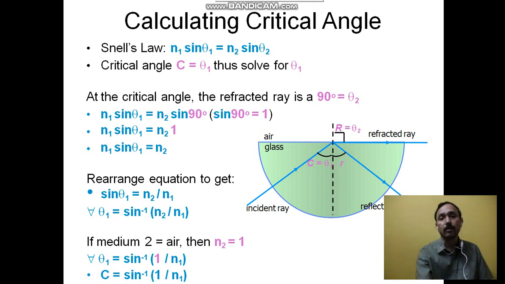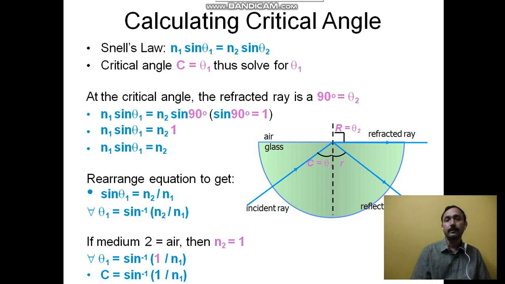From Snell's law, with glass having refractive index N1 and air having refractive index N2, N1 sine theta 1 is equal to N2 sine theta 2.